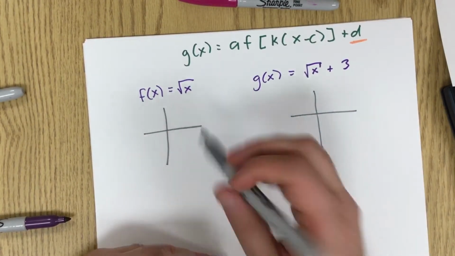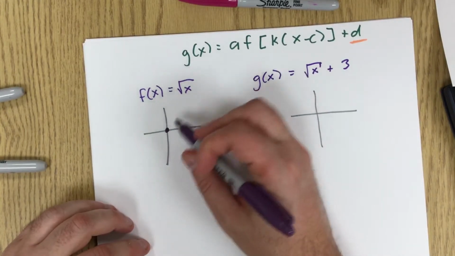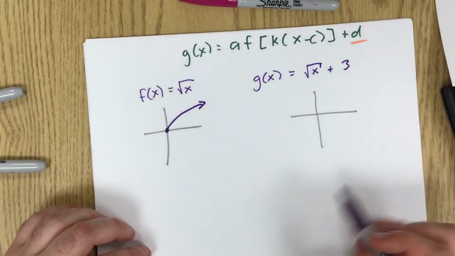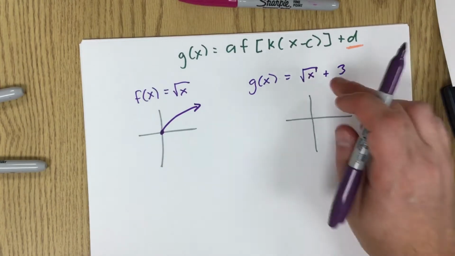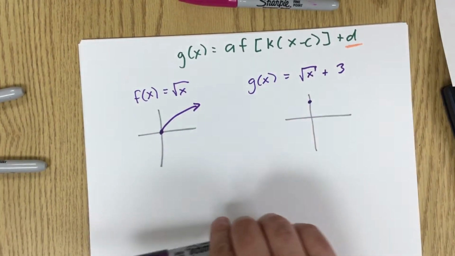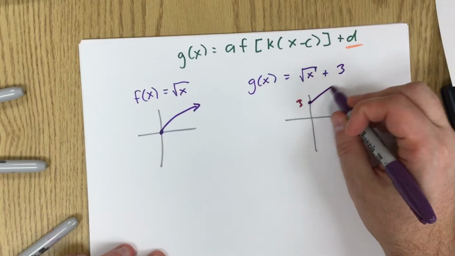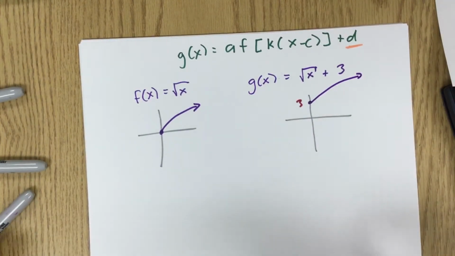To recall, the original graph started over here, and then it went this way. This one over here, it's going to start 3 up. So this one's going to start at 3. And so it's moved up 3.